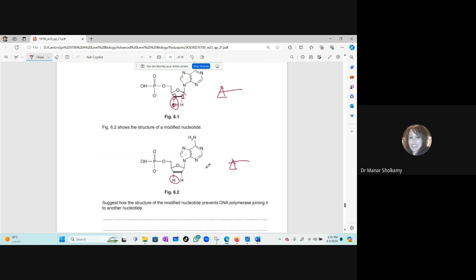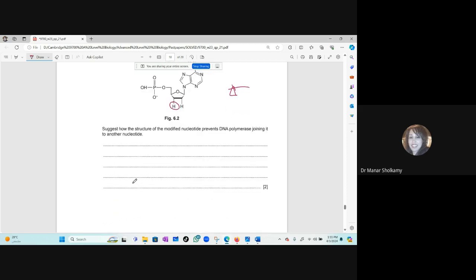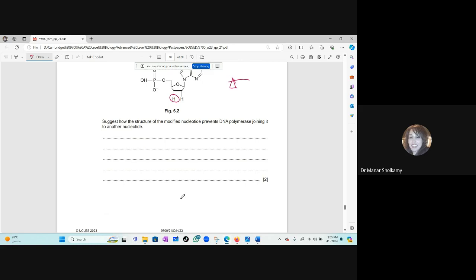Now, let's read the question. Suggest how the structure of the modified nucleotide prevents DNA polymerase joining it to another nucleotide. Mariam, what is the function of the DNA polymerase? Which bond does it make? The phosphodiester bond. Correct.